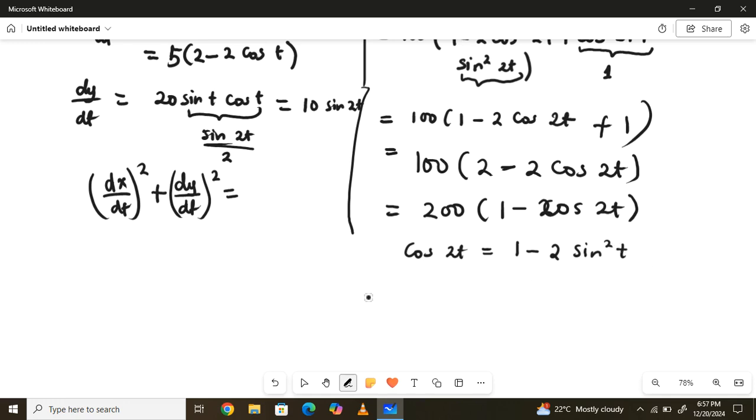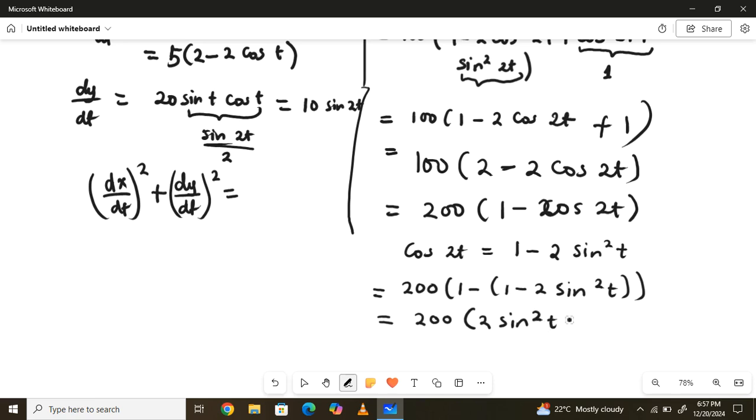When we substitute back, we will get 200 into 1 minus (1 minus 2 sin squared t). When you expand here, we will get 200 into 2 sin squared t, which will be equal to 400 sin squared t.